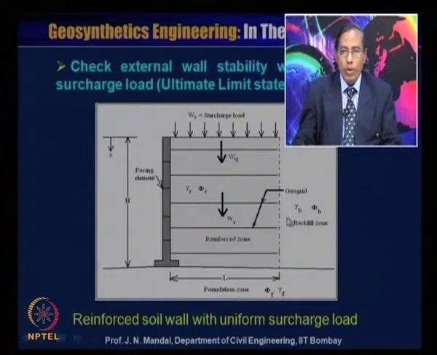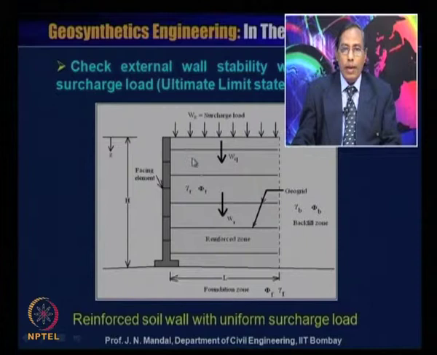So what will be the unit weight of the backfill soil, gamma B, and the friction angle of the backfill soil, phi B. You also require the properties of the foundation soil: the unit weight of the foundation soil is gamma F, and the angle of friction of the foundation soil is phi F. And there will also be the development of friction between the reinforcement and the soil, which we can express as delta R.